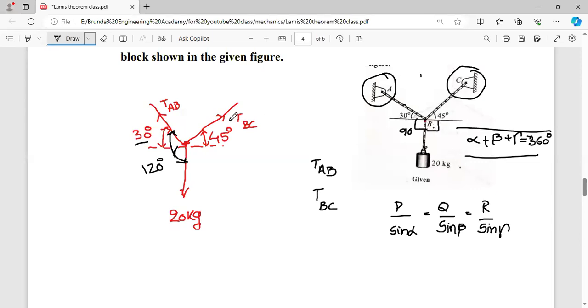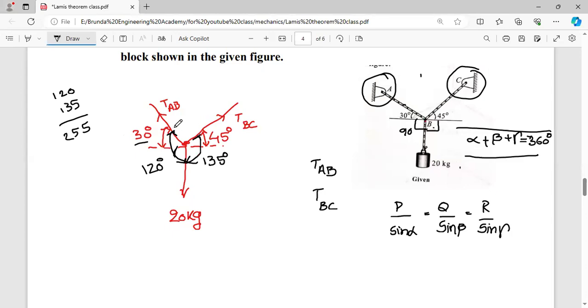So 90 plus 45. So this angle of inclination is 135 degrees. Next, here the remaining, here 120 and 135. It is very clear. So the total is 255.